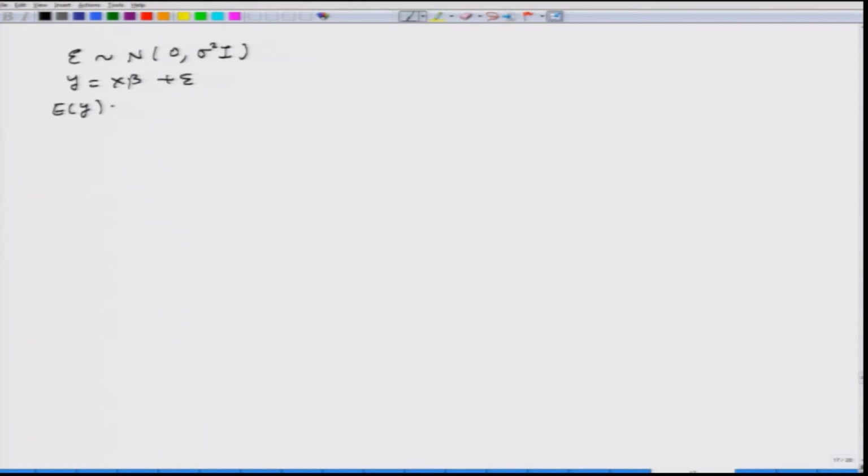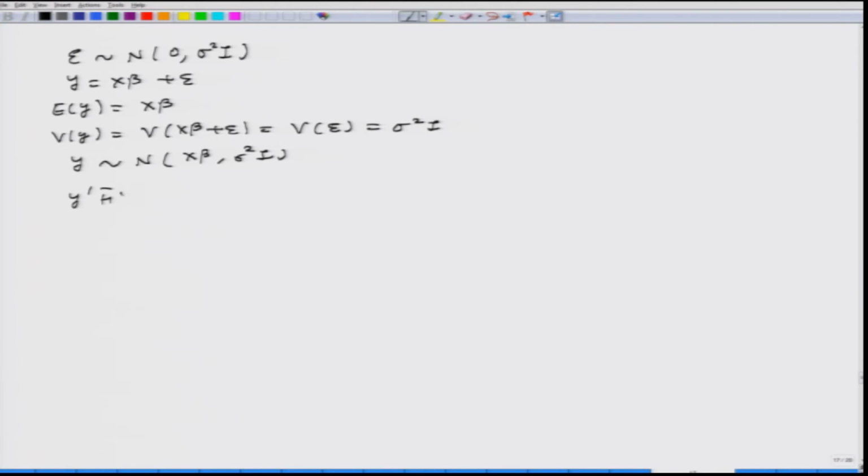So, the expected value of y is x beta, and the covariance matrix of y is the covariance matrix of x beta plus epsilon, which is the same as the covariance matrix of epsilon, sigma square I. And y is a linear function of epsilon, so y also follows a multivariate normal distribution with mean vector x beta and covariance matrix sigma square I. Now I can write that y transpose h bar y will follow a chi-square distribution with degrees of freedom equal to the trace of h bar, because h bar is an idempotent matrix.